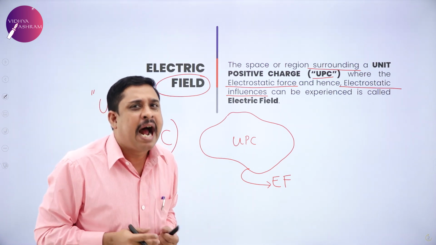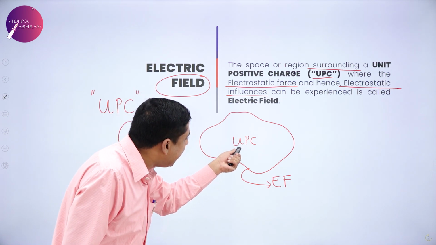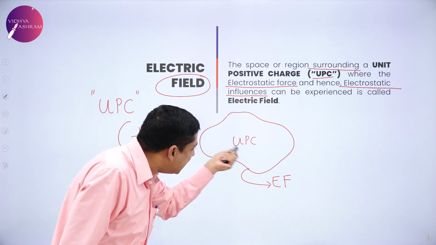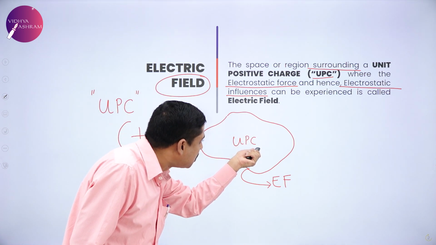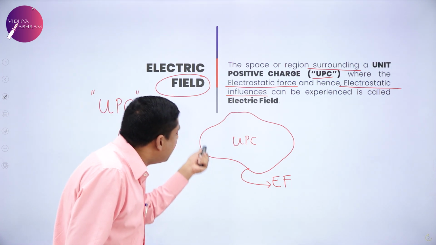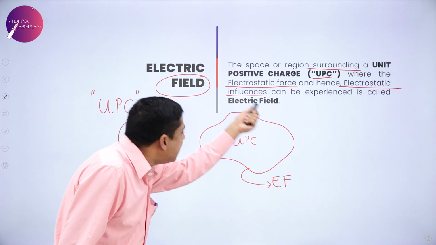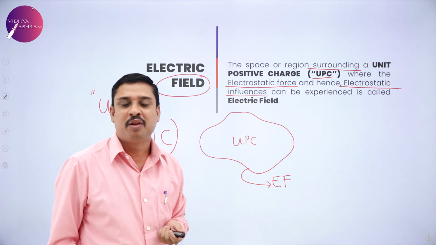Now, how do I understand this concept? Here is a UPC, a unit positive charge, which is surrounded by a certain region, what I call an electric field.